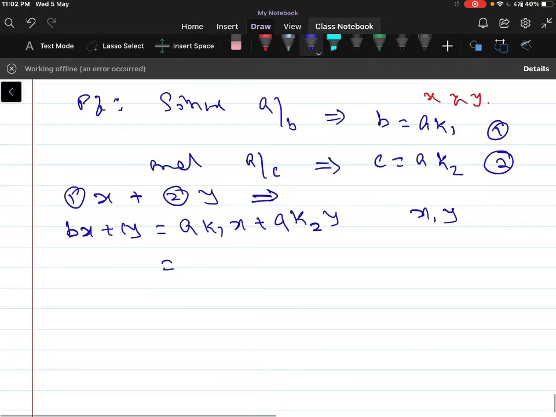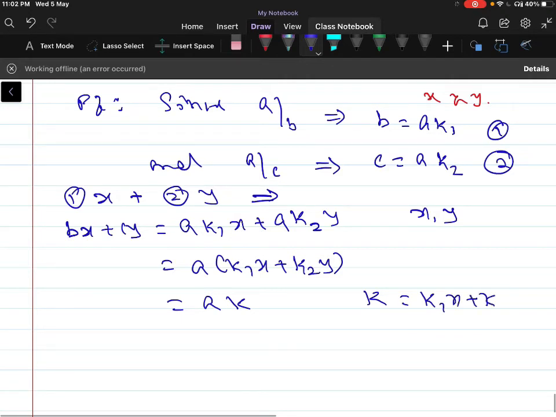So this is equal to a into k1x plus k2y. So this is equal to a into k, where k is equal to k1x plus k2y. So this implies a divides bx plus cy, where x and y are arbitrary integers.